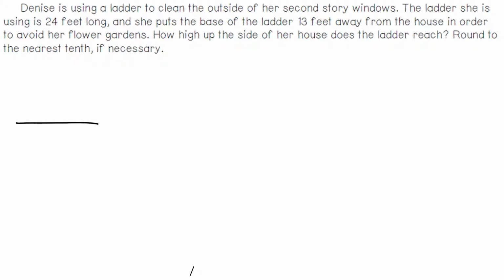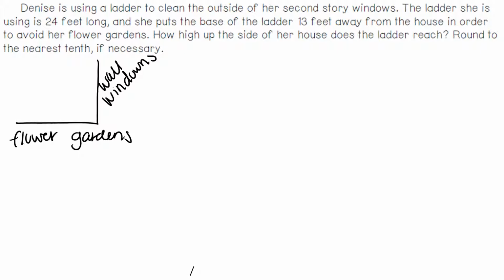So we're talking about some flower gardens, so that would be on the bottom. We're talking about some windows that are going to be on the wall. And we have a ladder. A ladder leaning is always the diagonal.